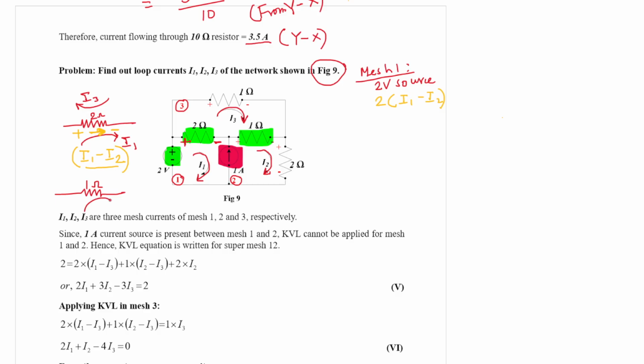I2 is flowing as a clockwise current, and I3 is flowing in this direction, again clockwise, and the polarity is assumed in this fashion, left plus, right minus. So the net current flowing through this 1 ohm resistance is I2 minus I3. The potential drop across the 1 ohm resistance is 1 into I2 minus I3.